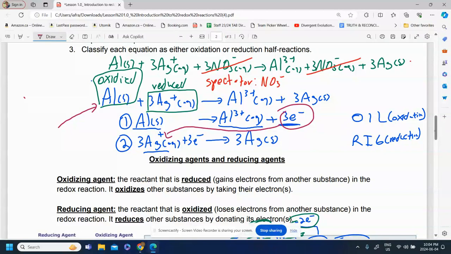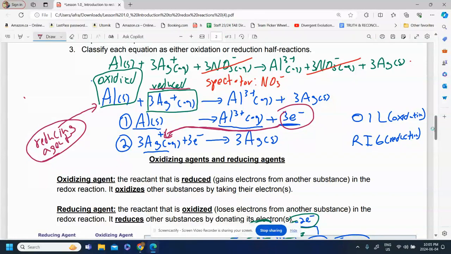So that means that the one that was oxidized, this is the reducing agent. Whereas the one that was reduced, on the other hand, was reduced by taking the electrons from aluminum.